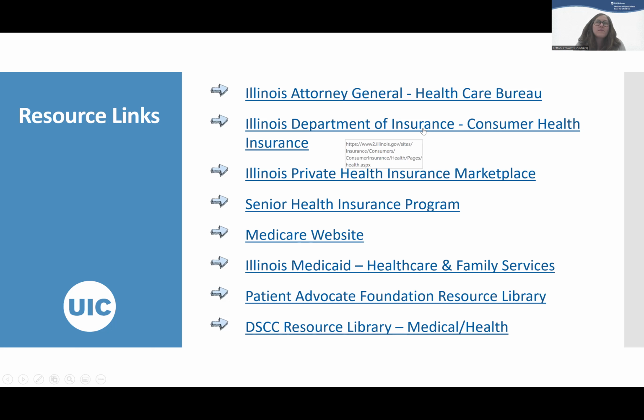There's another program that I want to make sure everyone's aware of, which we will talk about during the Medicaid presentation, which is the health insurance premium payment program, where the state will pay your health insurance premium if your child has high medical costs. They have a special formula that they use to decide what makes it cost effective to pay for the insurance. But essentially, they're saying that if they pay even $500 per month for you to keep your private insurance, that's going to be cheaper for them than having to pay all the medical bills if you cancel your private insurance. So if you're concerned about the cost of your private insurance, that's maybe one thing I'd have you look into.